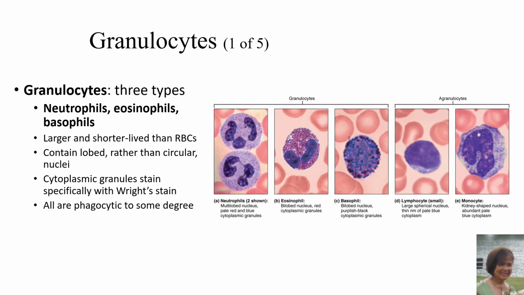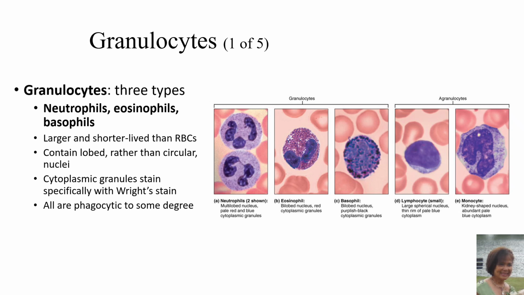The granulars are the white blood cells that carry cytoplasmic granules. They have granules in the cytoplasm. You have your eosinophil, your basophil, and your neutrophil. They are larger and shorter-lived than red blood cells, so they die in fewer days.